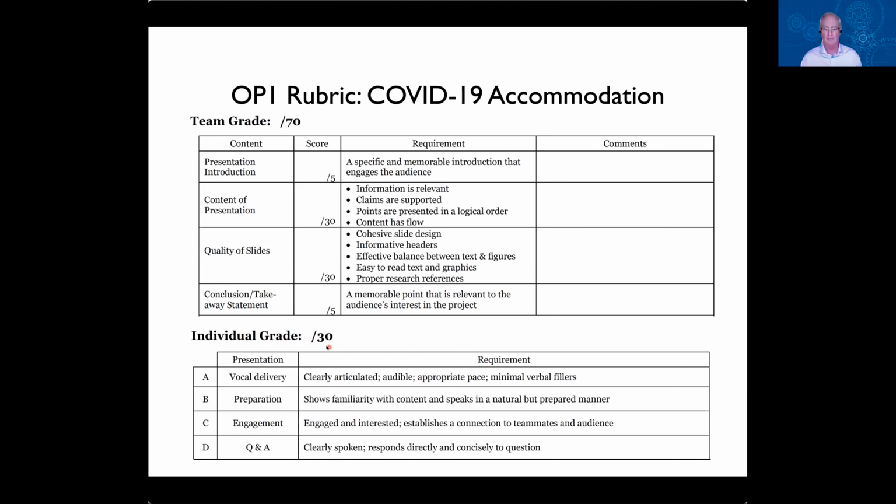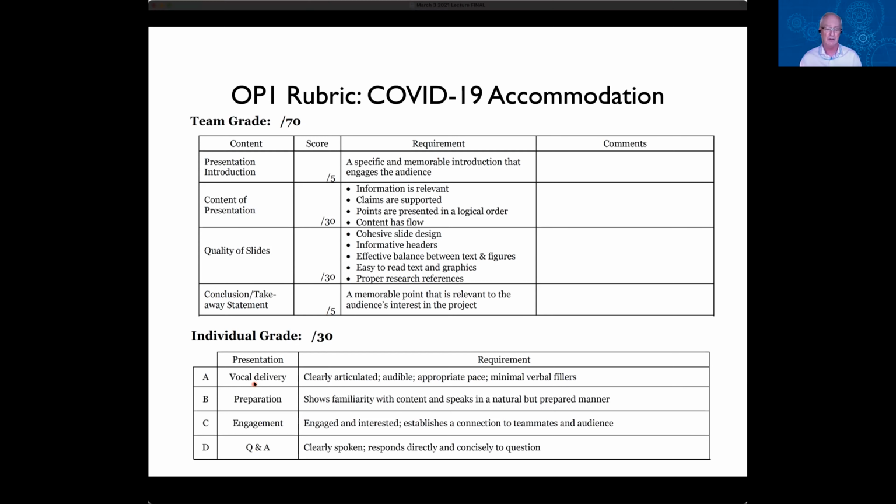For the individual presentations, we'll be looking at vocal delivery, and we'll be considering that most prominently. We won't be assessing body language, as that's too unreliable to make an assessment about.